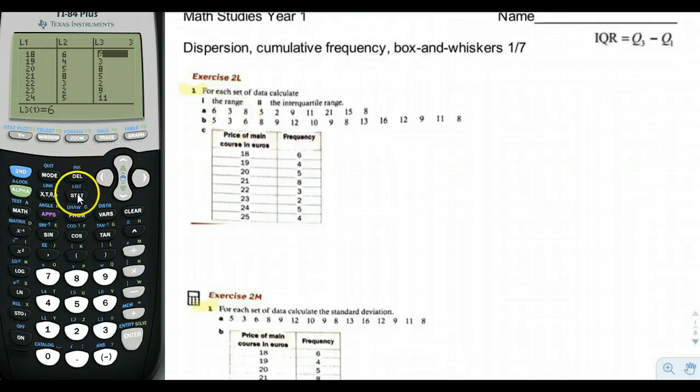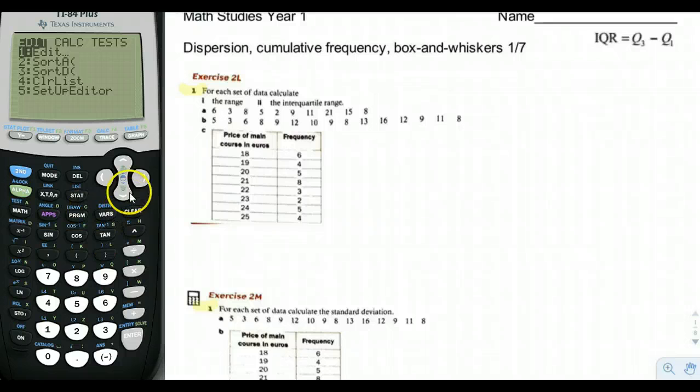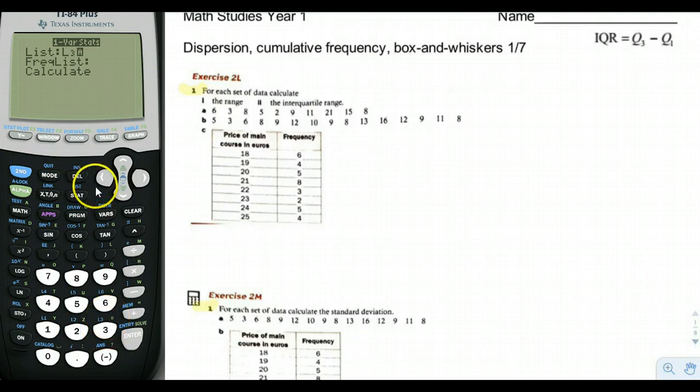So to find the range and IQR, you need to use the stat calc screen. Remember, I put the data in L3, so I'm going to put second L3, and then go down to calculate. To find the range, we need the max and the min.